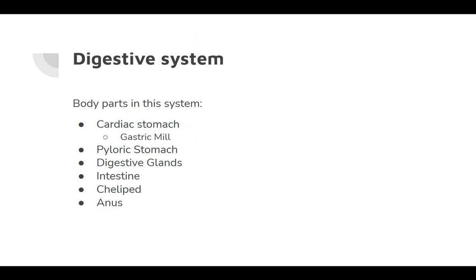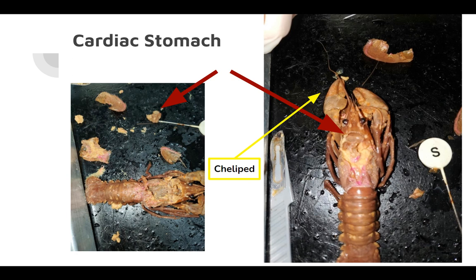All right, in the digestive system, they have the cardiac stomach, which has a gastric mill in it, pyloric stomach, digestive glands, intestine, cheliped, and the anus. The cardiac stomach is in the head. It breaks down the food mechanically and has a gastric mill in it, which I'll explain on the next slide.